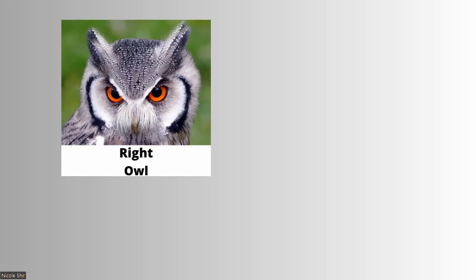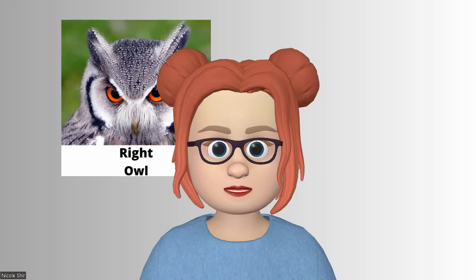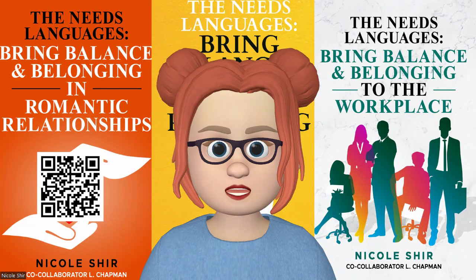You're going to be more intentional. You're going to be more healthy and happy. You're going to know how to navigate when things aren't going as well. And this is why it is so important to understand how your needs languages work and how you navigate that. These are just important things that we all need to know.